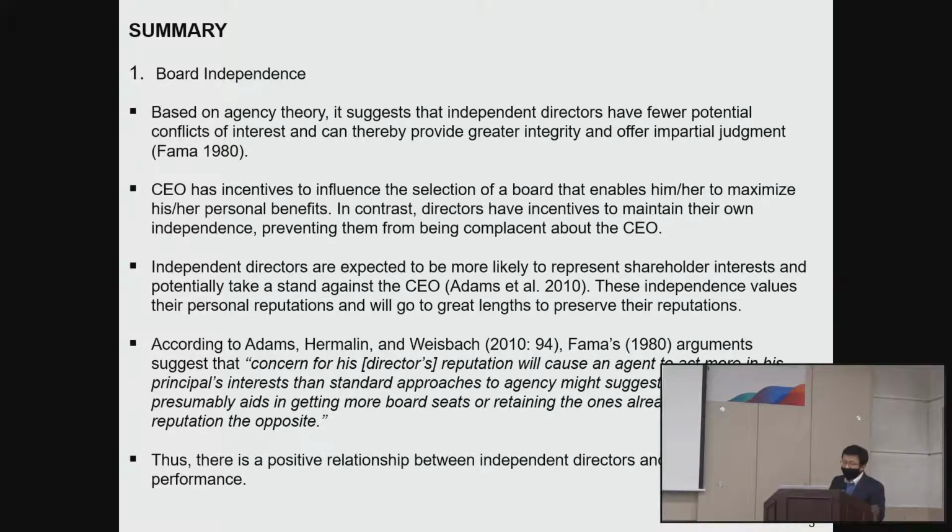Number one, board independence. Agency theory suggests that independent directors have fewer potential conflicts of interest and can thereby provide greater integrity and offer impartial judgment. The CEO has incentives to influence the selection of a board that enables him to maximize his personal benefits.